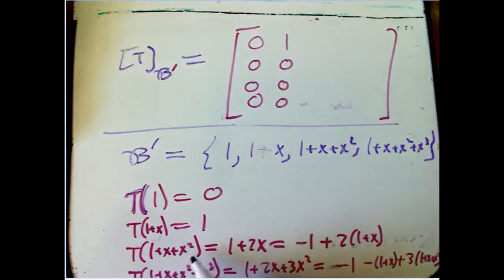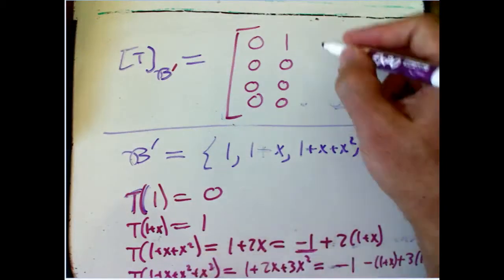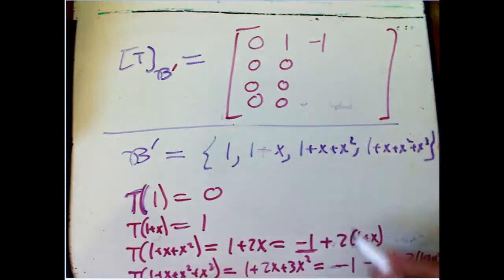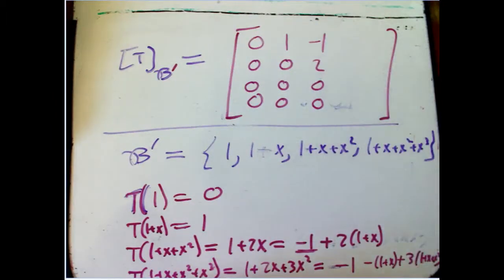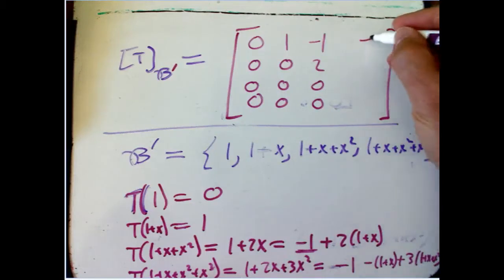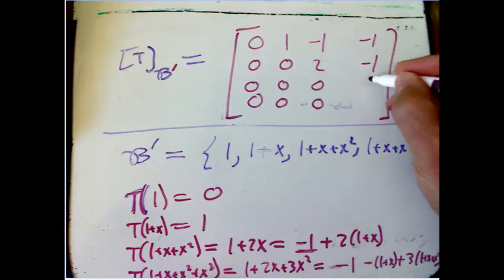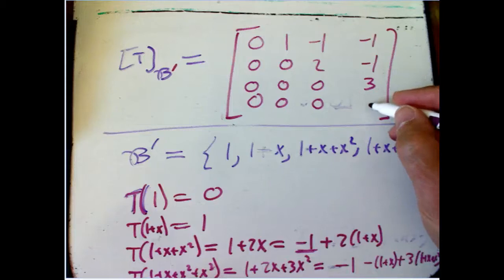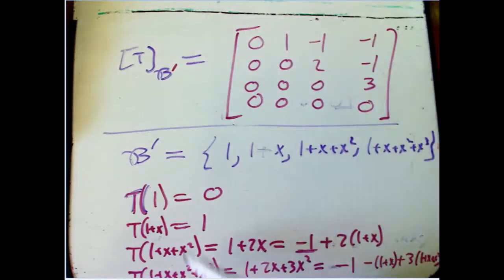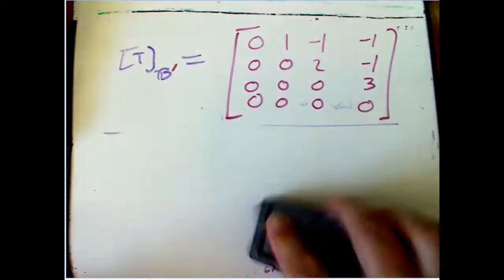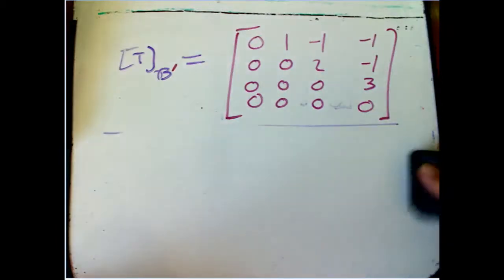T of the third basis vector was minus 1 times this guy and 2 times this guy and zeros. And then T of that last basis vector turned out to be a little more complicated. It's minus 1, 3, 0. Oh, okay, so we still have the 1, 2, 3s, and then we're just getting these minus 1s because of the different basis. Okay, so there's a couple of examples of finding the matrix of a transformation in a certain basis.